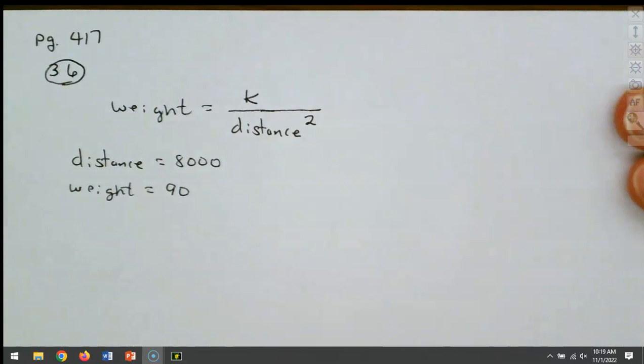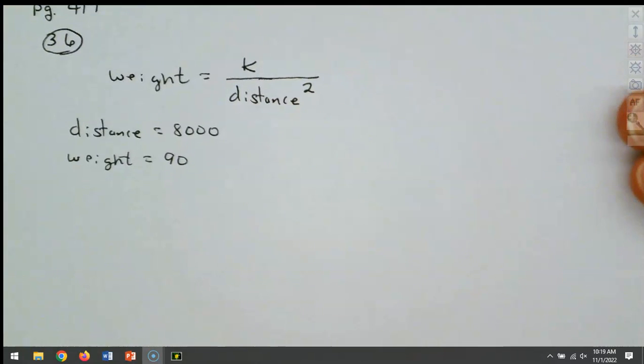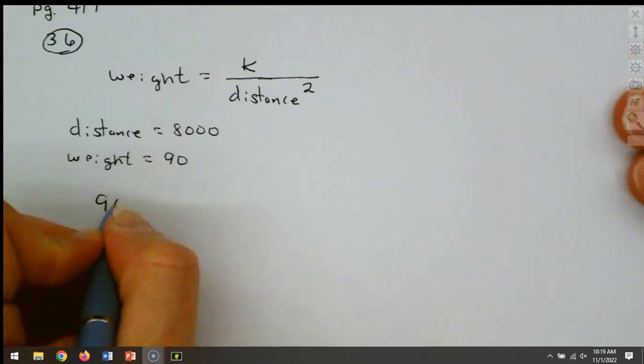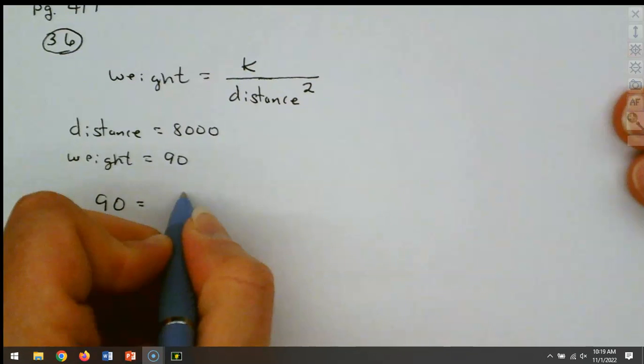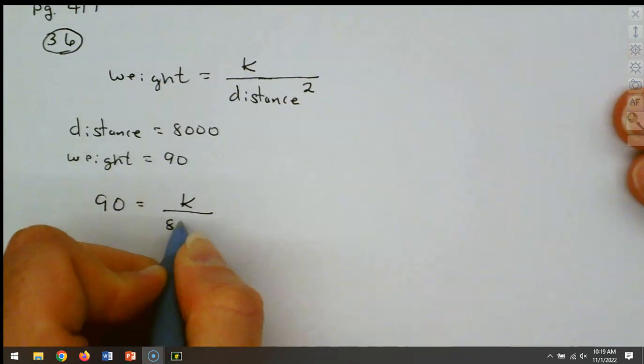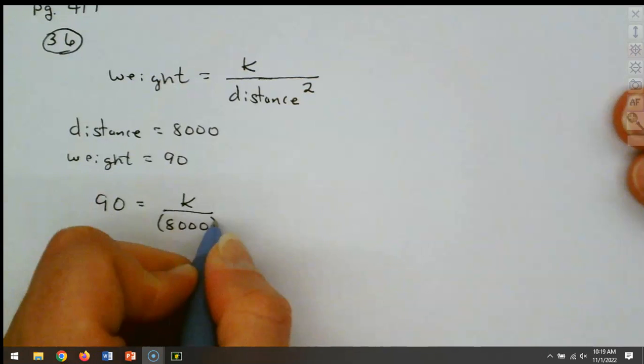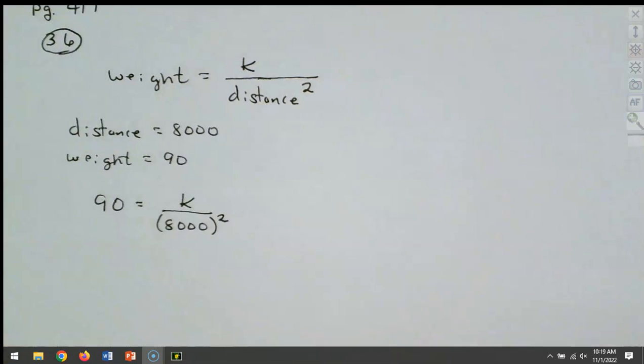So we plug in our values, and we find our K. So 90 equals now K over 8,000 squared. The values get really large, and that's okay. So we have our 8,000, and we're going to square that 8,000.